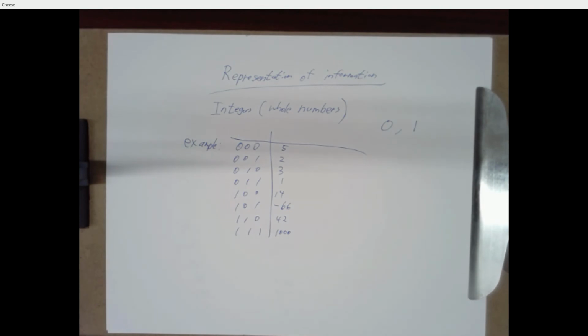Is that a valid way to represent 8 numbers using 3 bits? Absolutely. Is it particularly useful? Probably not. But it's a representation of 8 pieces of information using combinations of 3 ones and zeros. It's perfectly valid, but it's not what we typically do.